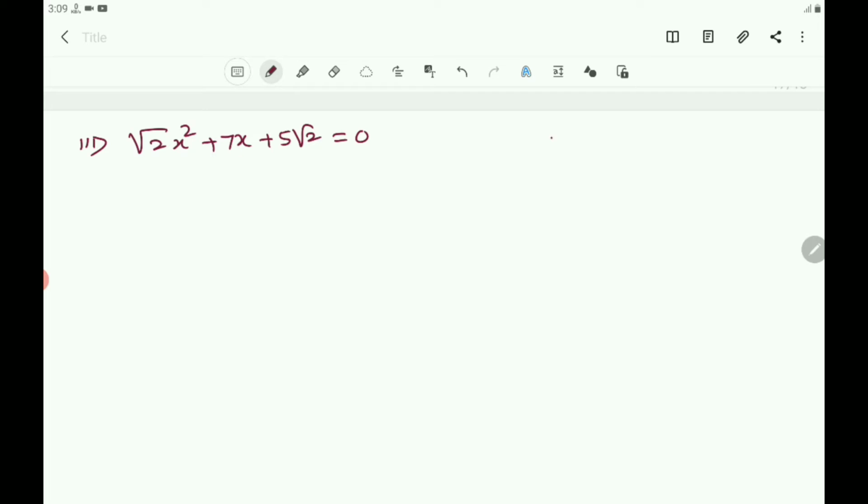Then the product of the factors is 5 root 2 into root 2 x square, that equals 5 into root 2 into root 2, which is 2, so 5 into 2 x square, you will get 10x square.